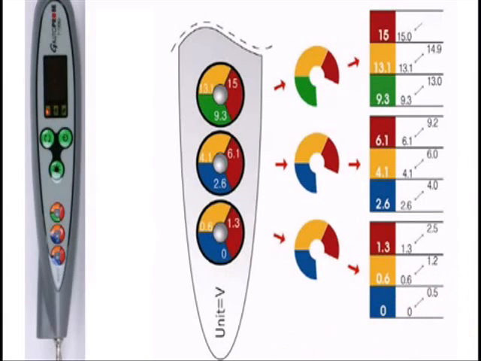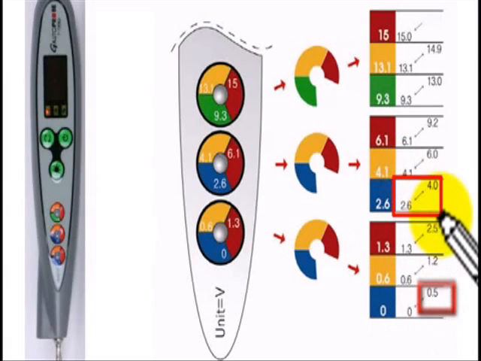Orange lamp lights up between 0.6 volt and 1.2 volt. Red lamp lights up between 1.3 volt and 2.5 volt. And blue lamp lights up between 2.6 volt and 4.0 volt.